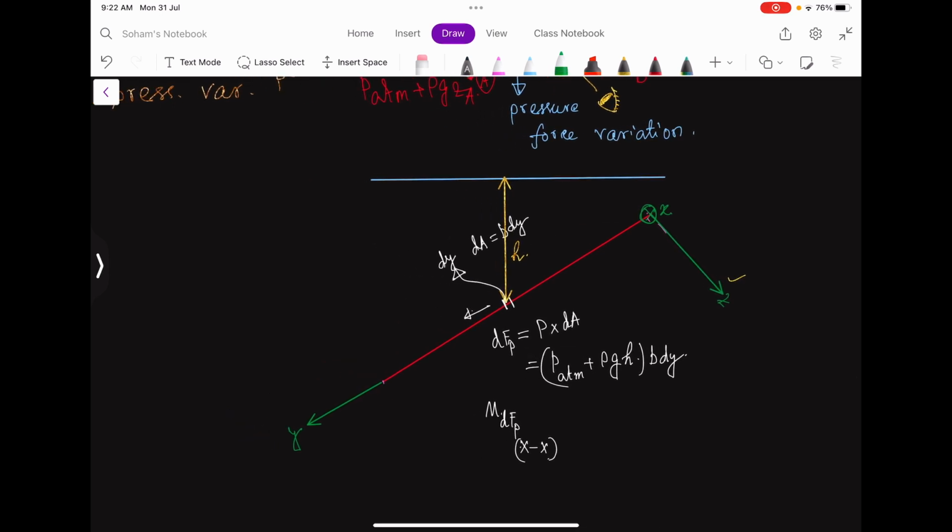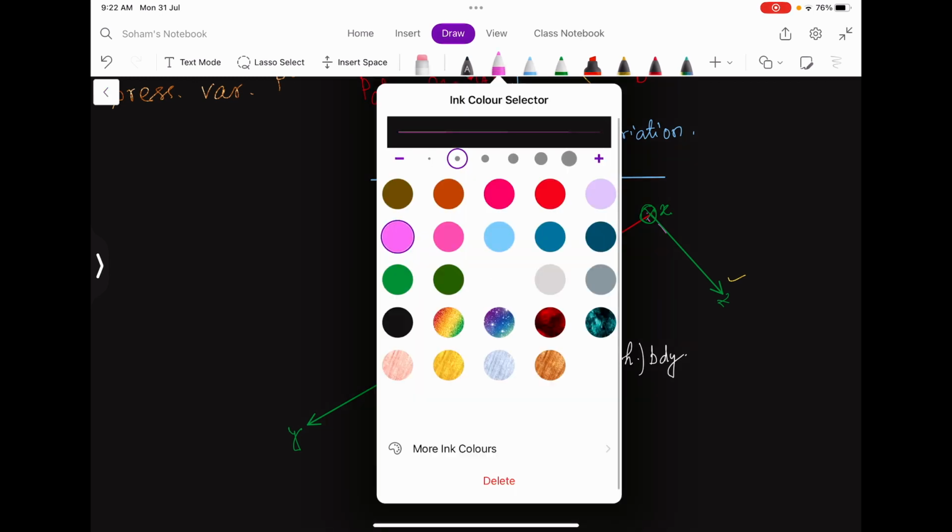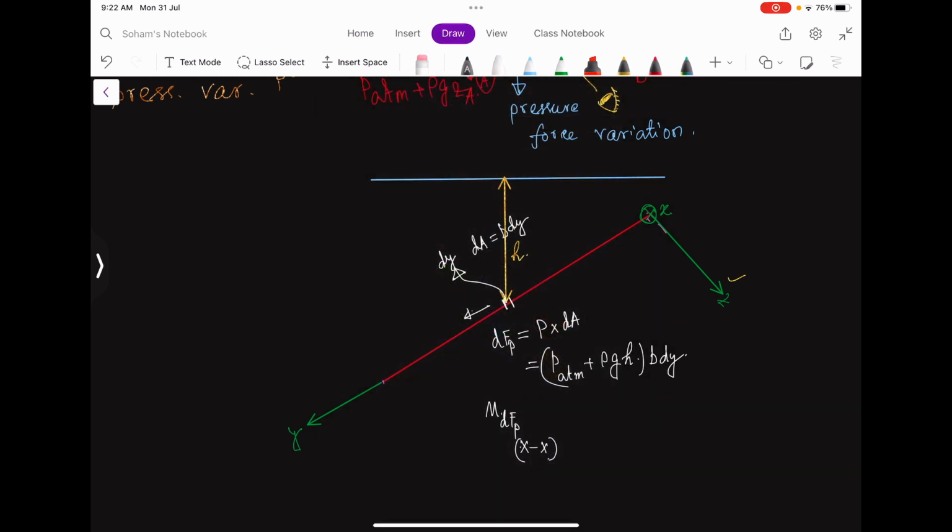So now the moment due to that infinitesimally small force, that I call an infinitesimally small moment due to the pressure force about the x axis. So that will be this force multiplied by the moment arm, and the moment arm here is this one.